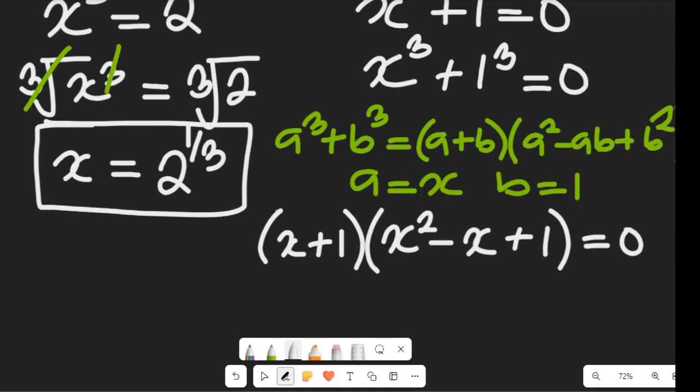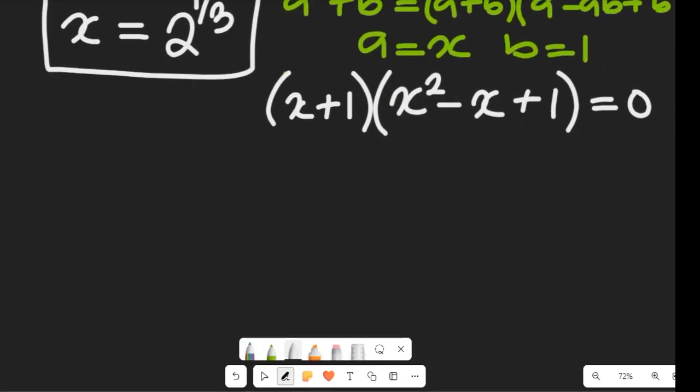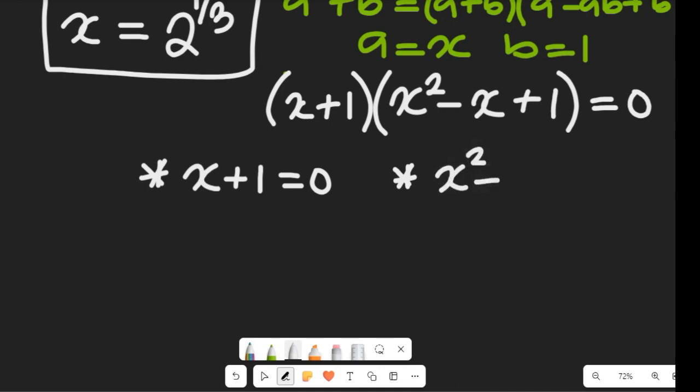which is equal to 1, and that will be equal to 0. So from this expression, having a zero product rule, we're going to see that x plus 1 is equal to 0. And on the other hand, we'll see that x squared minus x plus 1 is equal to 0.